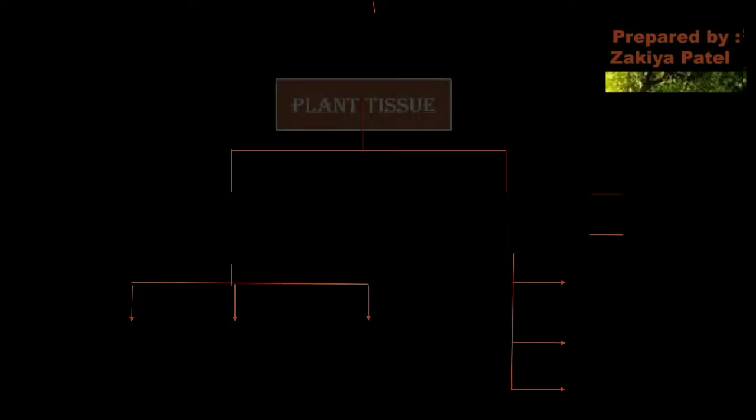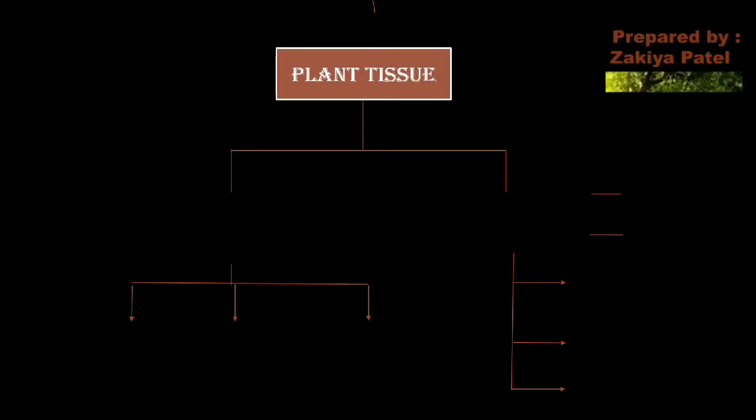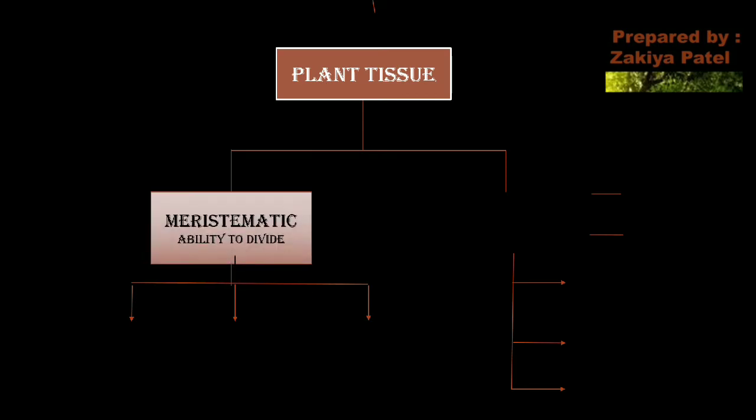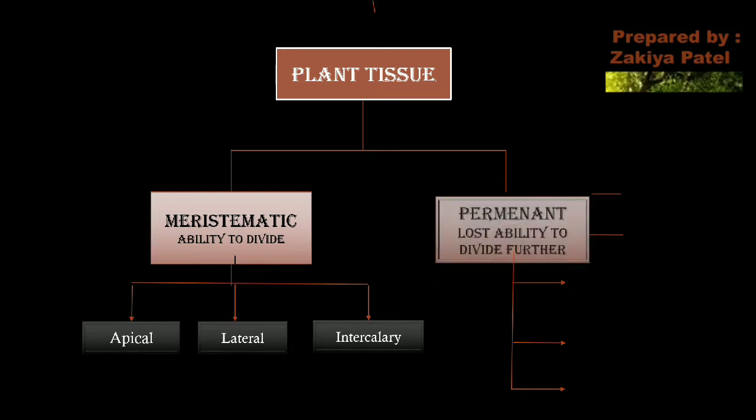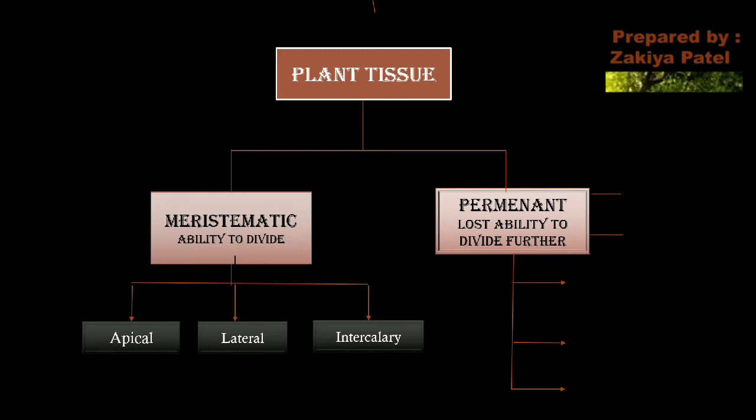Already we had completed that plant tissue is mainly classified into two types, that is meristematic tissue and permanent tissue. Meristematic tissue is further classified as apical meristematic tissue, lateral meristematic tissue and intercalary meristematic tissue. The second part is permanent tissue.